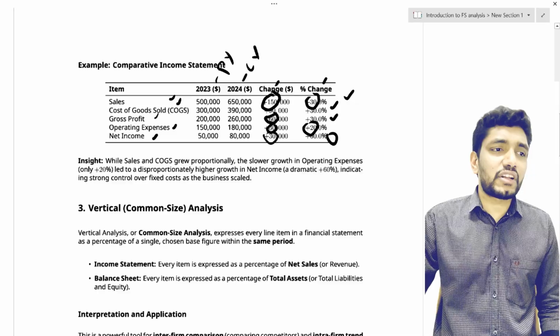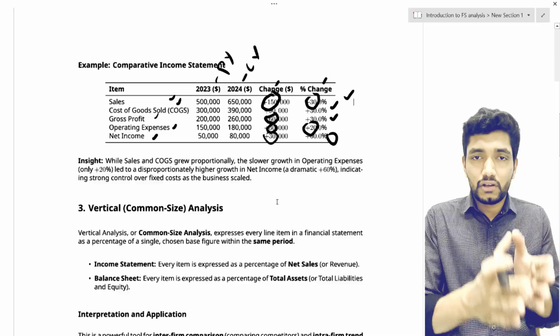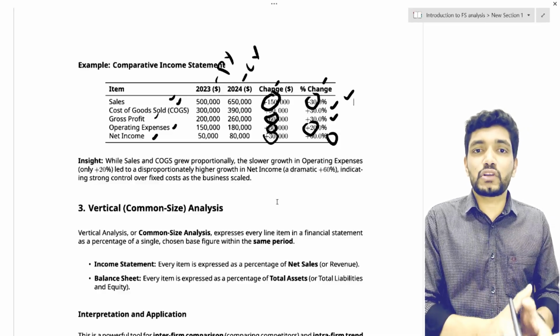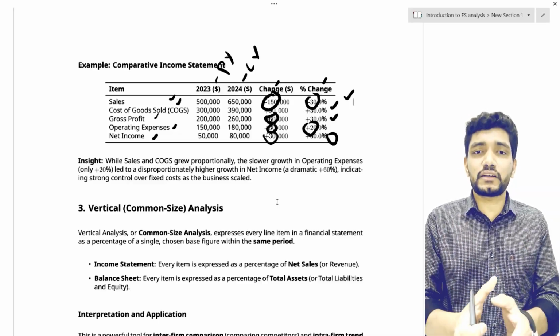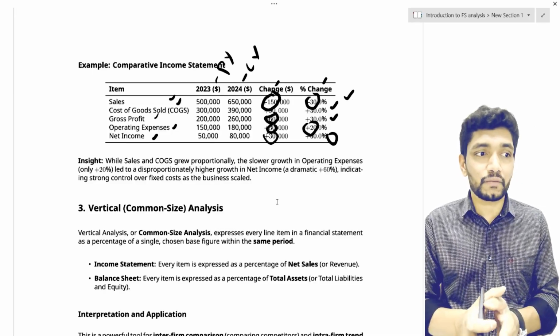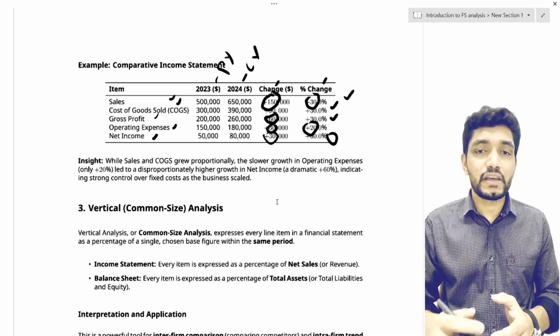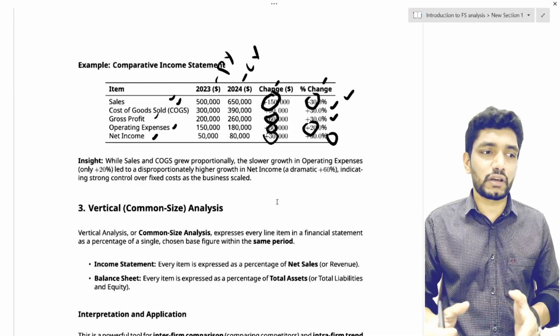So the comparative financial statement analysis will help an analyst like this. We can compare the current year performance with the previous year or multiple years and see the trend: how the revenue is growing, how the cost of goods sold is moving, how the gross profit is moving, how the operating expense is moving, and also how the net income is moving.